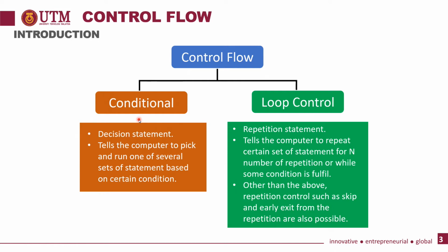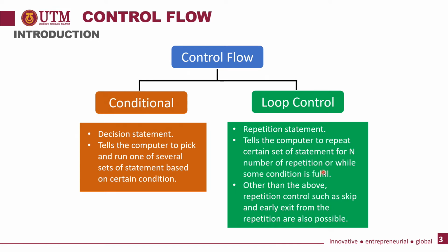All right, so the second one is the loop control. Loop control is actually related to the repetition statement. If you want to repeat the statement until one state, you need to use loop control. Loop control tells the computer to repeat a certain set of statements for n number of repetitions or while some condition is fulfilled.